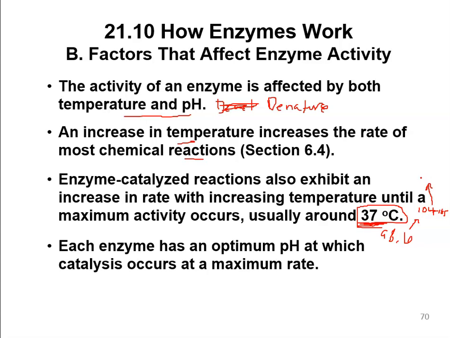So a temperature is good. We want a temperature when we have a virus because with the increased temperature, our bodies are still able to work at that 104, 105 range, but a lot of viruses can't. So the temperature actually kills a lot of those proteins in that virus.